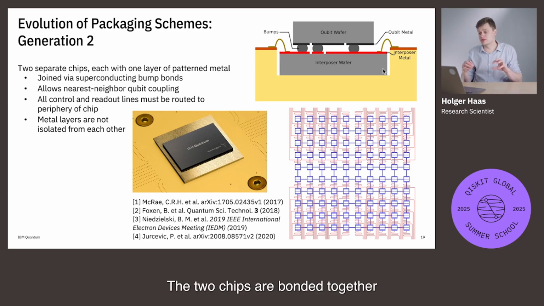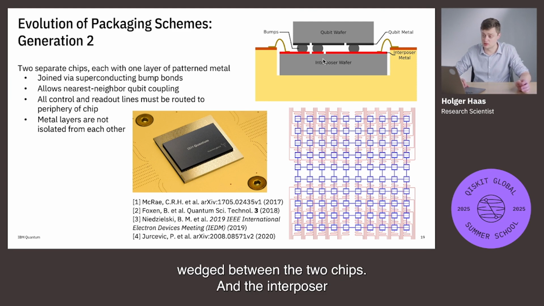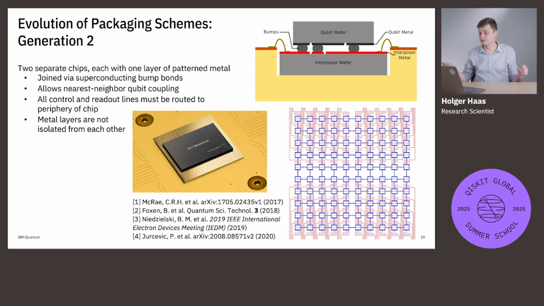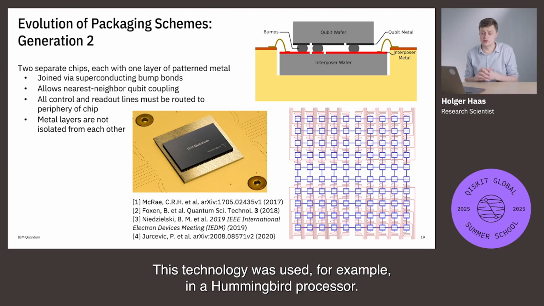The two chips are bonded together using superconducting bump bonds, which are there in the image wedged between the two chips. And the interposer chip is connected to the outside world, which is the PCB, using wire bonds, which are these wires that come in from the sides. This technology was used, for example, in our Hummingbird processor.